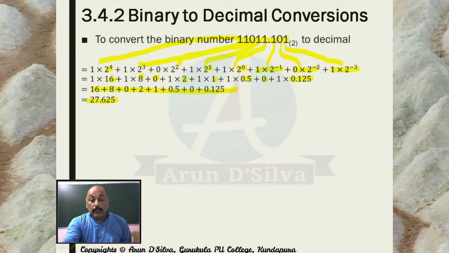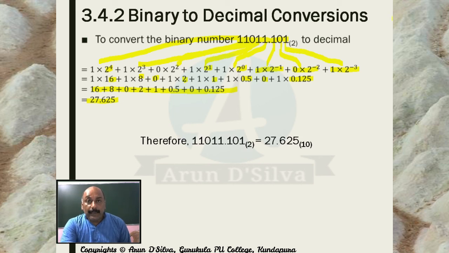Therefore, the binary value we were given, 11011.101, has the decimal equivalent 27.625. You got it right? 27.625 is the decimal equivalent of the given binary number.